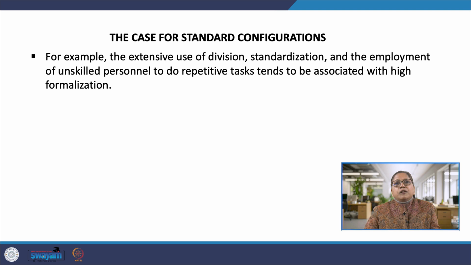For example, the extensive use of division, standardization, and employment of unskilled personnel to do repetitive tasks tend to be associated with high formalization. Internal inconsistencies will lead to reduction in performance. So, over a period of time, organizations should develop a set of structural characteristics that fit well together. This should lead to a limited set of configurations in which internal consistencies are achieved.